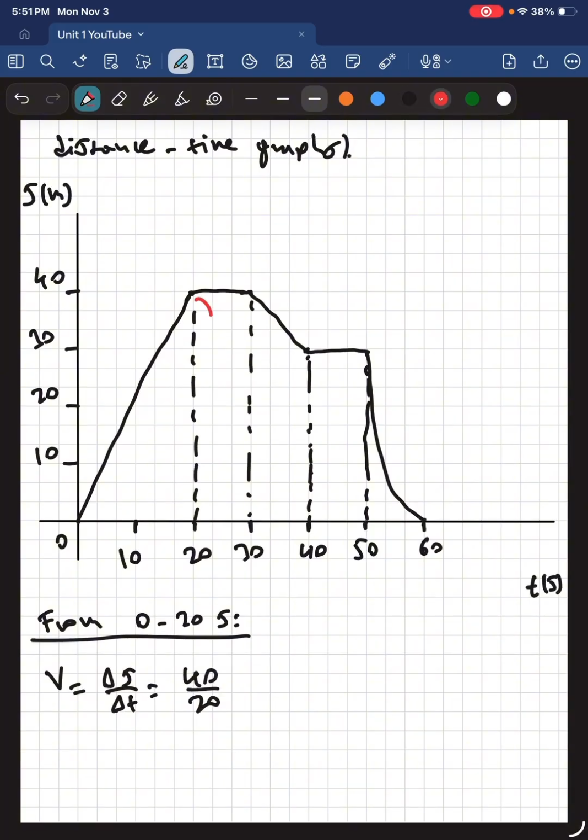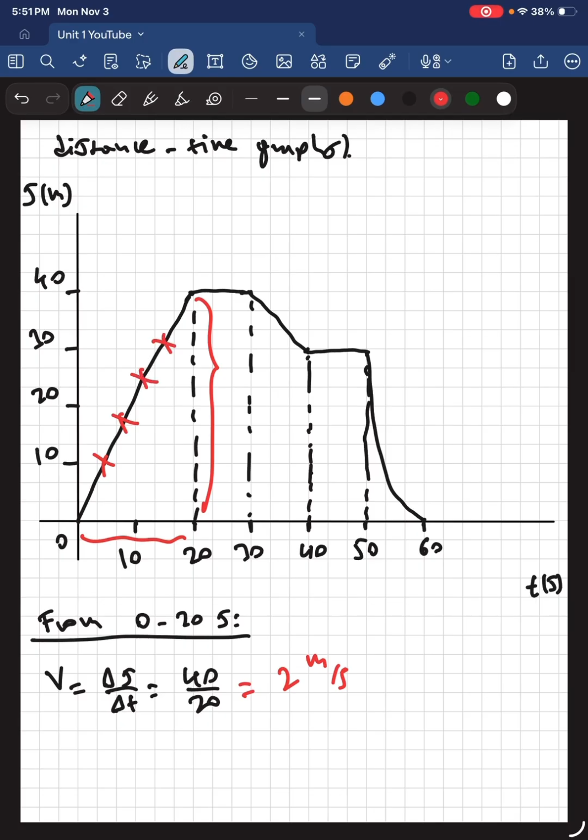That's 40 and that's 20, right? So the speed there is 2 meters per second. And the instantaneous velocity here or here or here is the same.